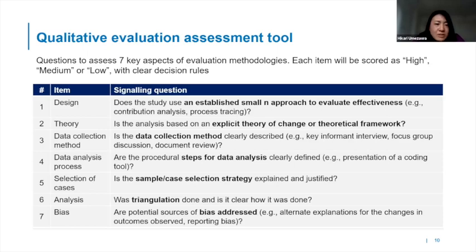The sixth one is on analysis. So this criterion particularly looks at whether triangulation was done and whether it is clear how the triangulation was done. And the last one is on bias. So whether the potential sources of bias are addressed, for example, by exploring alternative explanations for the results.